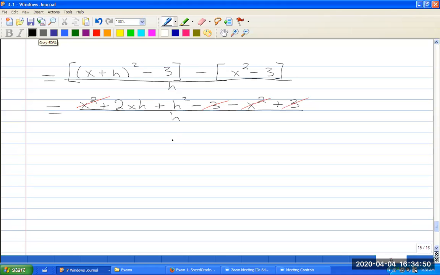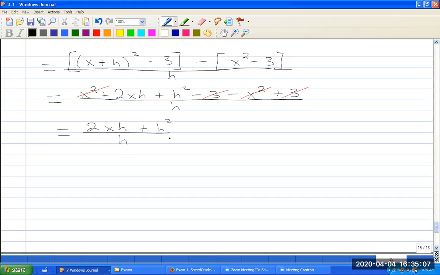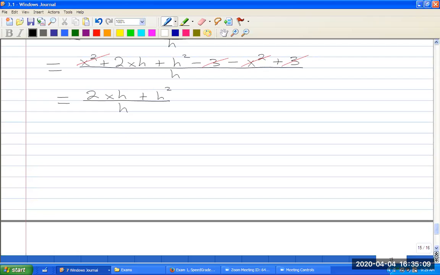So this is equal to 2xh plus h squared, all divided by h. Okay, so it's looking simpler. Now let's factor out what's in common in the numerator.